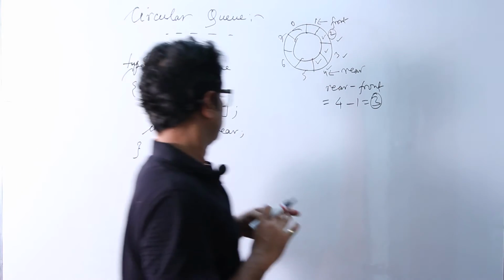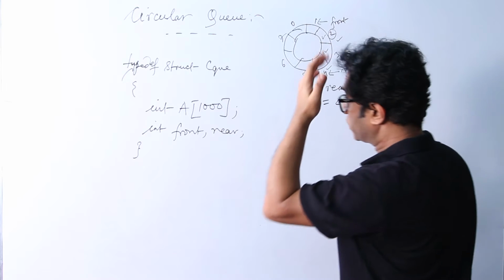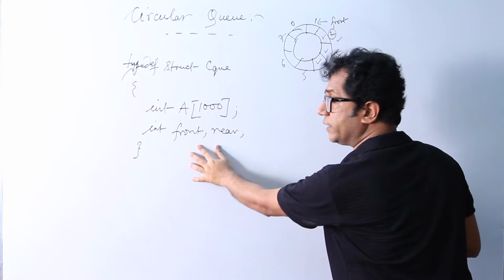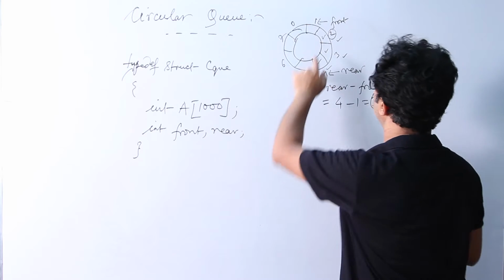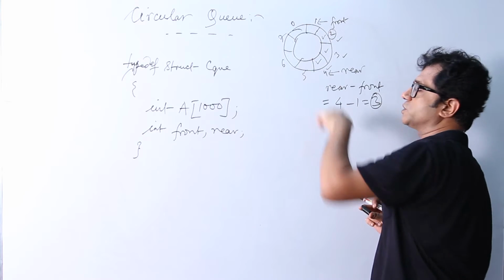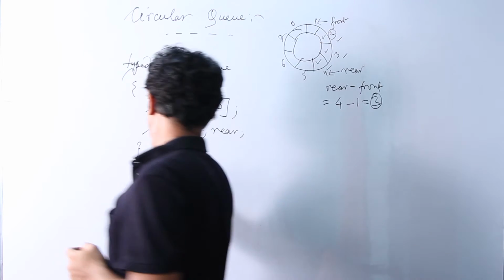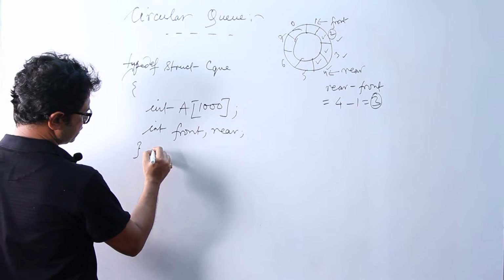These are the basic things required in the queue: the array, and front and rear, which are two integer variables that will hold the index positions of the front and the rear, and we define it as CQ.